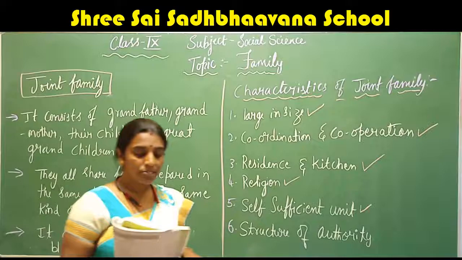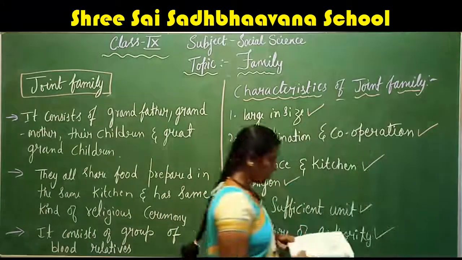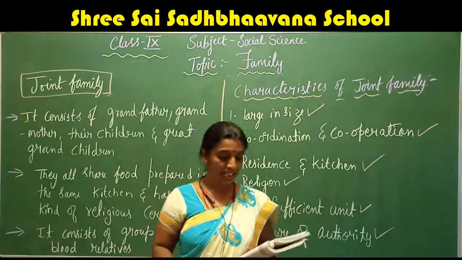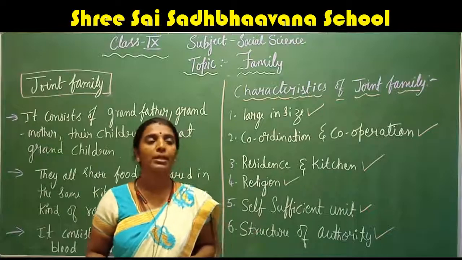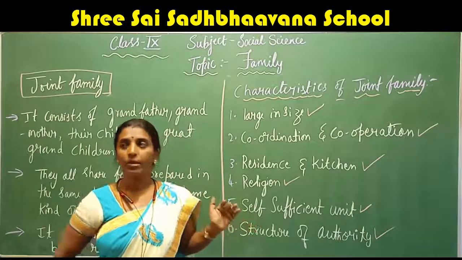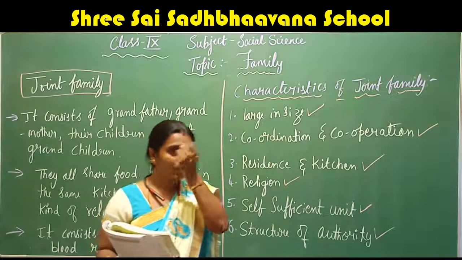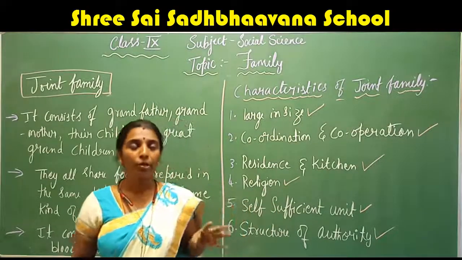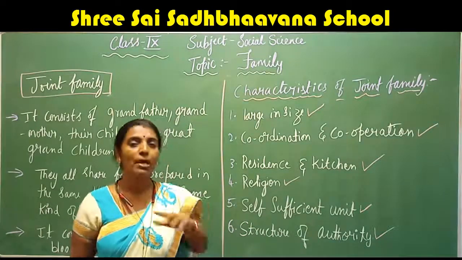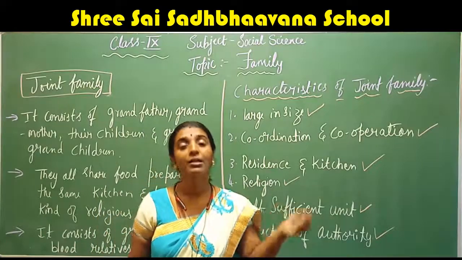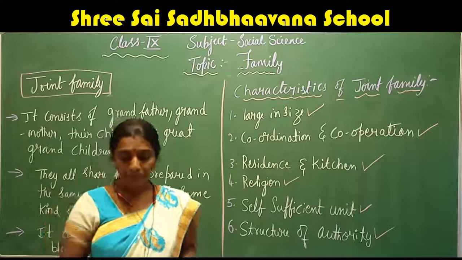Next, structure of authority. This characteristic says that the senior members of the joint family are entrusted with the authority and responsibility. The senior member or the head of the family will have the responsibility and authority over the family, and the other members will have trust towards the head of the family.